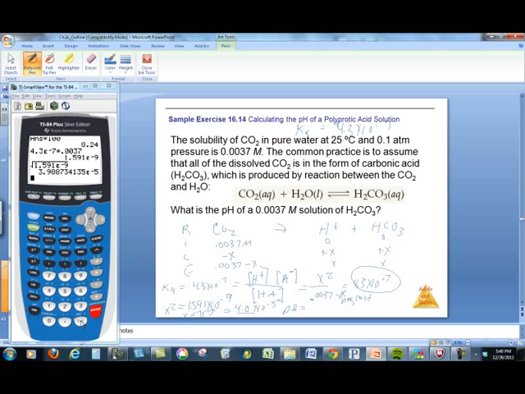So negative log of 4 E negative 5 is equal to 4.4. Let me see, I have 2 significant figures here, so it should be 4.40. Alright.